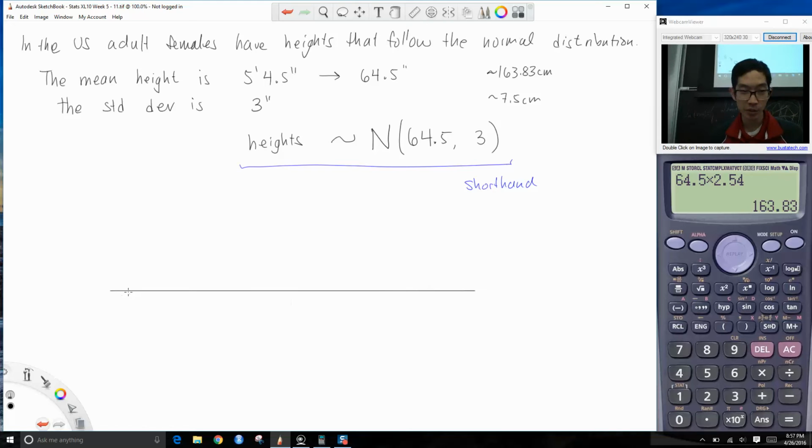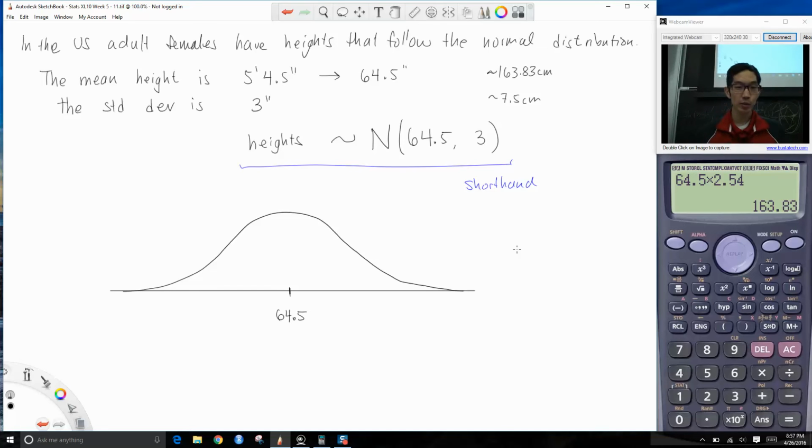Okay, and so when we draw our picture, we get something that looks like this. And we would put 64.5 right there. Okay, is that okay?